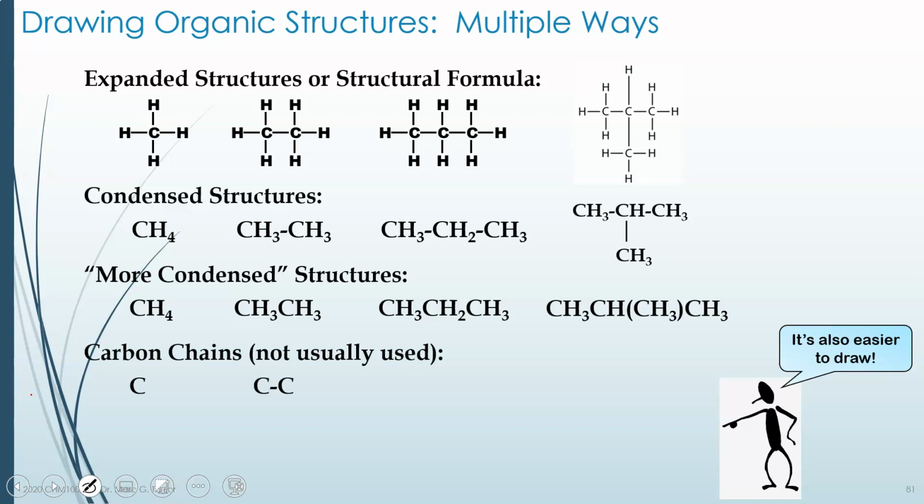Now, the next method of drawing is not a standard method of drawing organic molecules, but it is a way of thinking about organic molecules that will help with the last way of drawing them. This is just the carbon chains, just the carbons attached to the carbons, and it's a pure carbon skeleton.